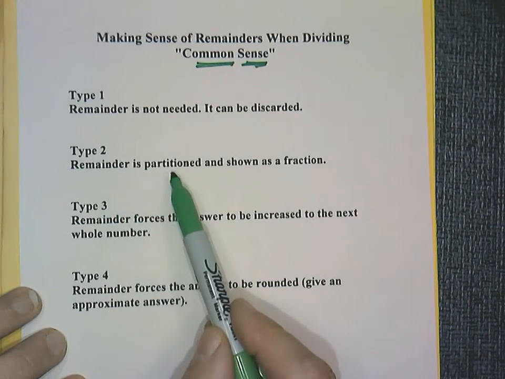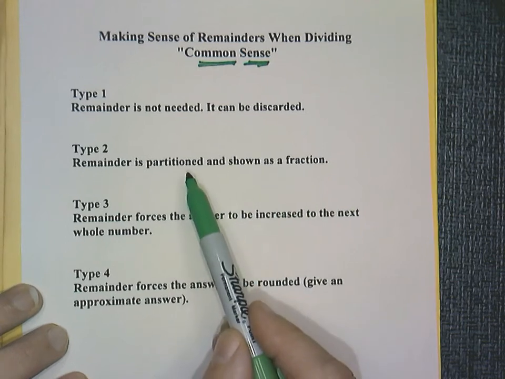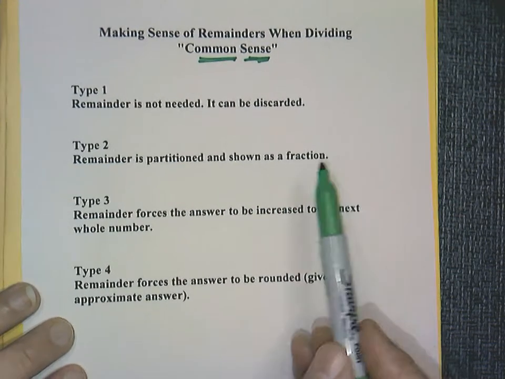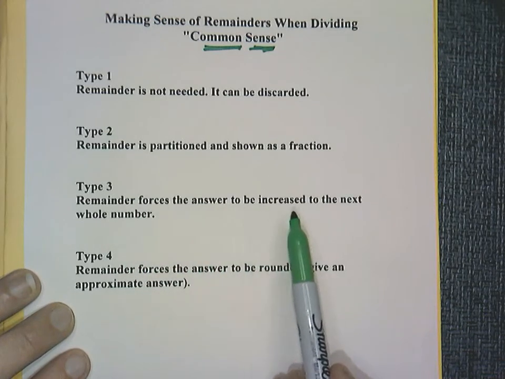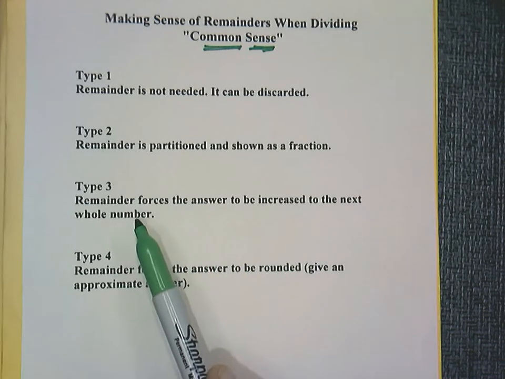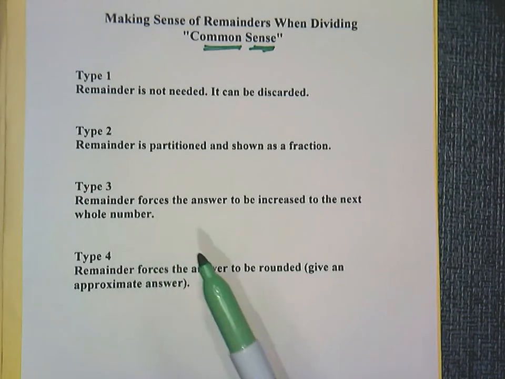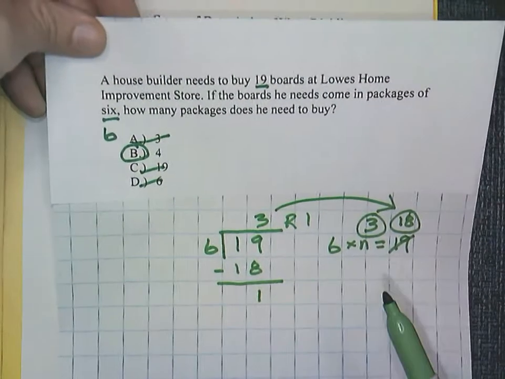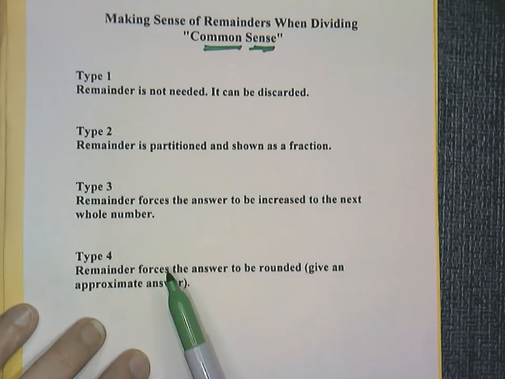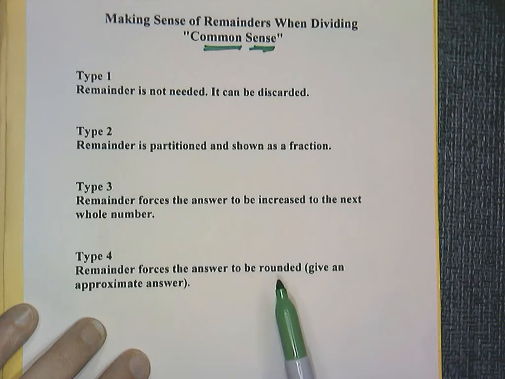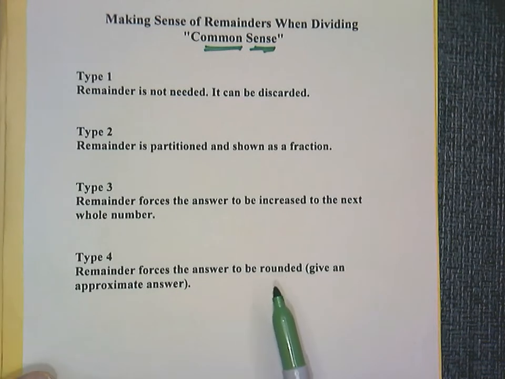Sometimes the remainder is shown as a fraction or partition. We had the juice example for that. Type 3, sometimes it forces the answer to be increased to the next whole number. We just showed that on the previous problem about the boards and having to buy more packages, and also with the vans. And then sometimes a remainder forces the answer to be rounded, and that's where we use estimating and compatible numbers.